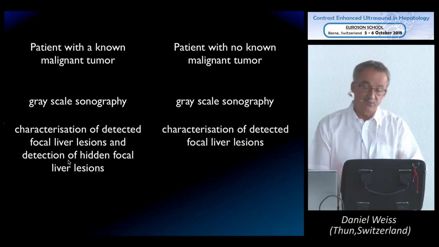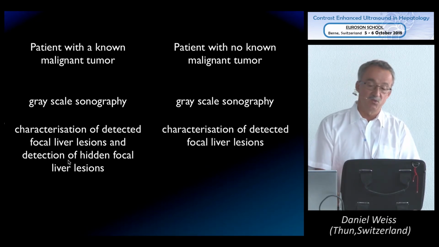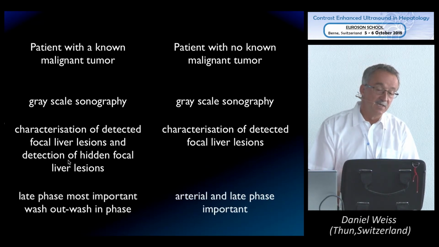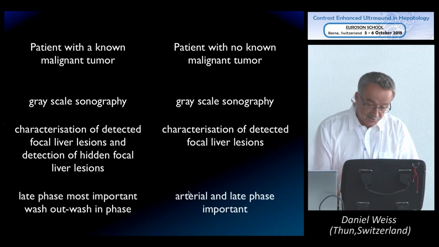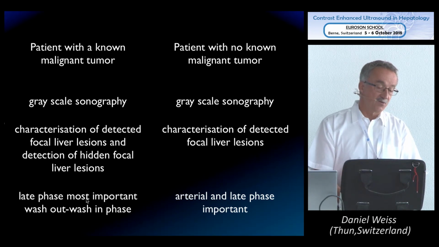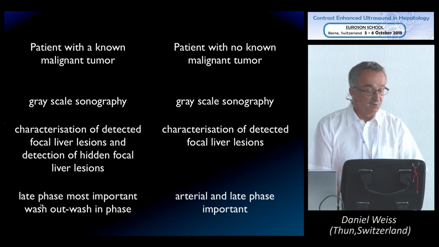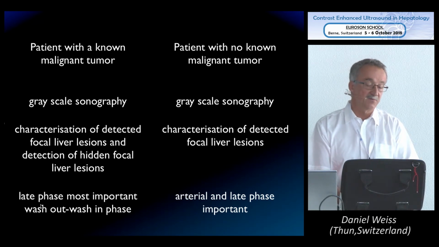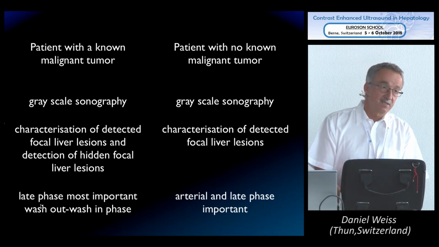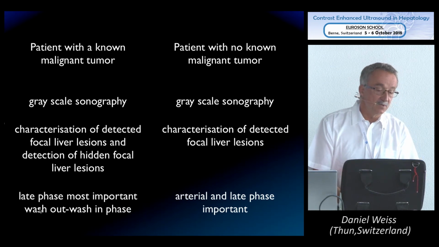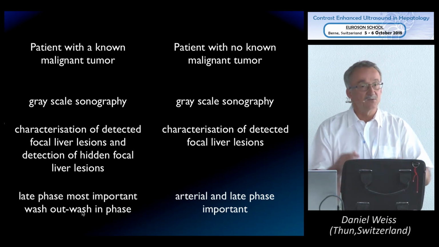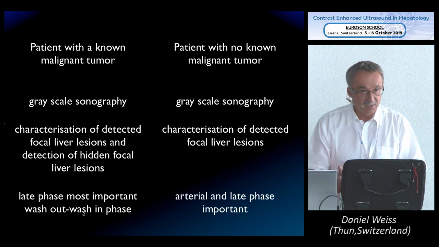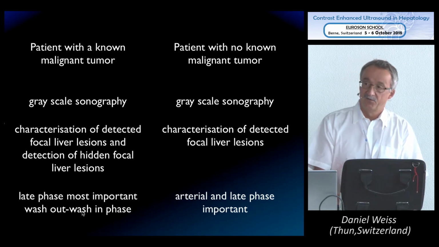In the other situation, when you have no known malignant tumor, you just do a characterization of detected focal liver lesions, and you use your arterial and late phase, of course, and here you mainly use your late phase. It's most important to detect focal liver lesions, especially when they are hidden, and then you do your washout, wash-in phase, and you can do your characterization of detected focal liver lesions.